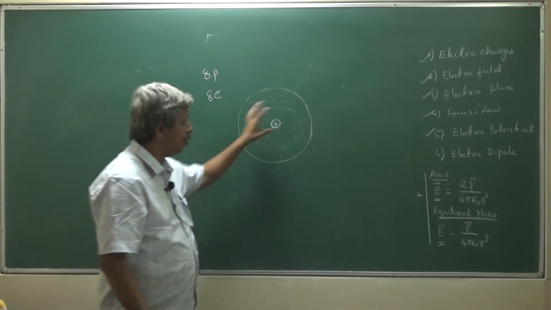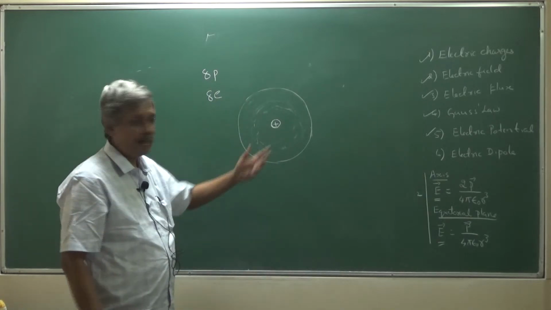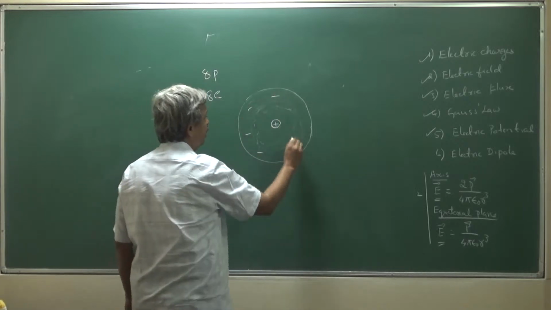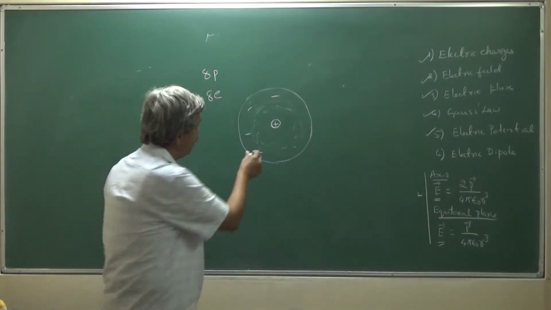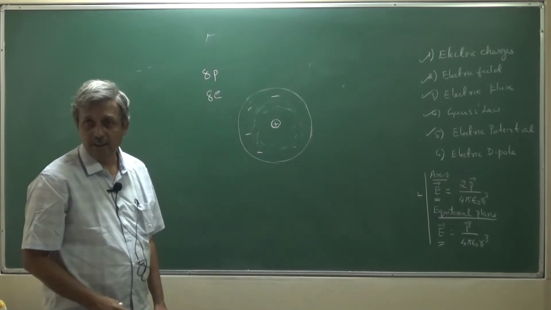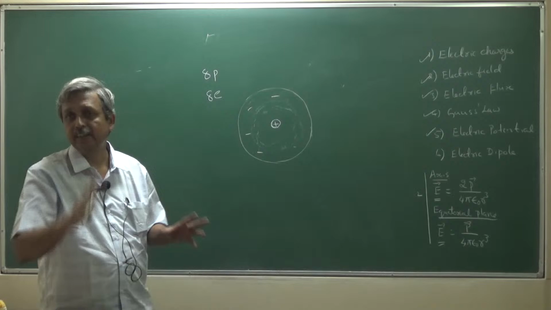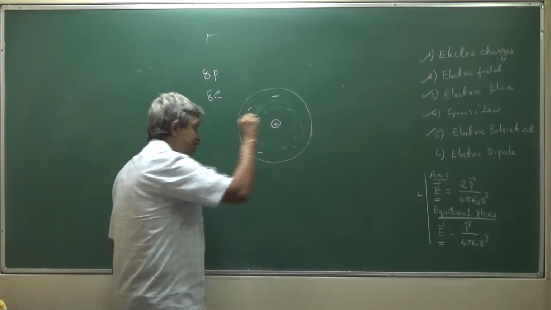So there is one electron charge and one proton charge. Proton charge is positive, electron charge is negative. Correct? They are not separated by distance. They are individually separated, but since they are all moving around, the center of the whole charge is at the center.